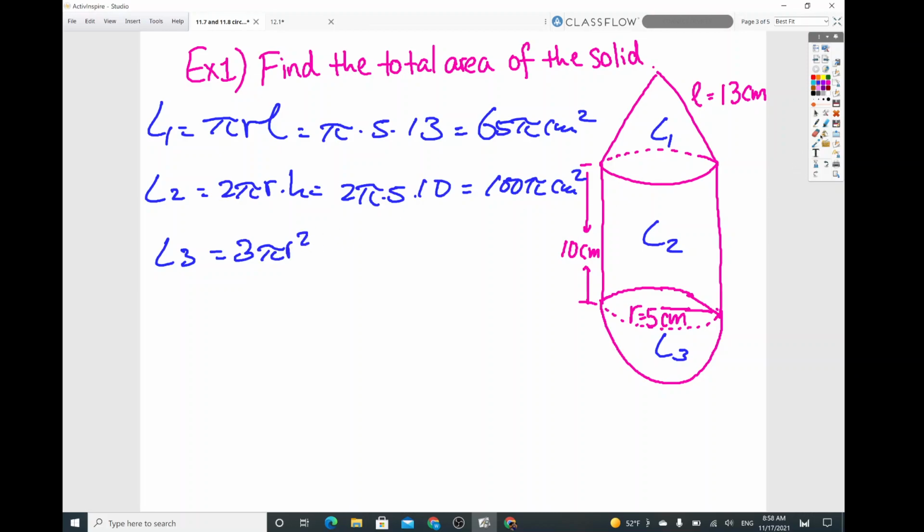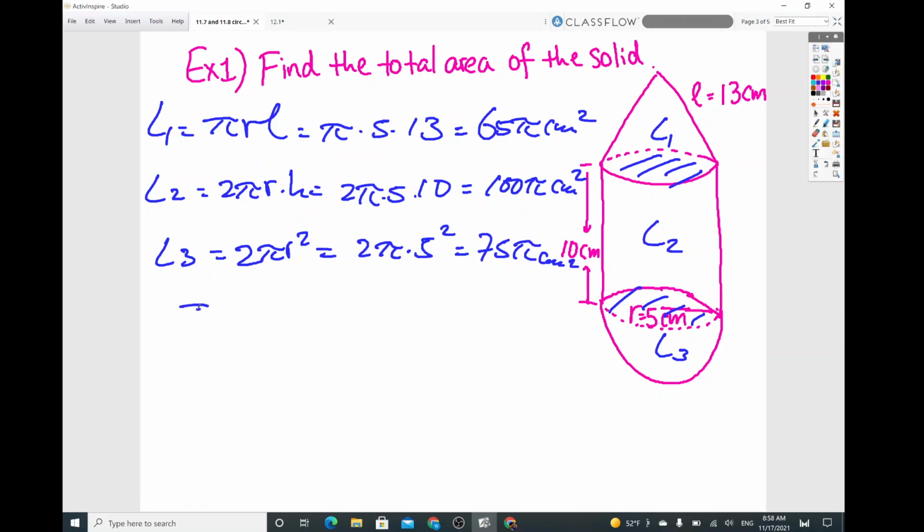Without the base, it's just 2 pi r squared, because those circular bases are empty, they're not solid. So 2 pi times 5 squared, 25 times 2, is 50 pi.